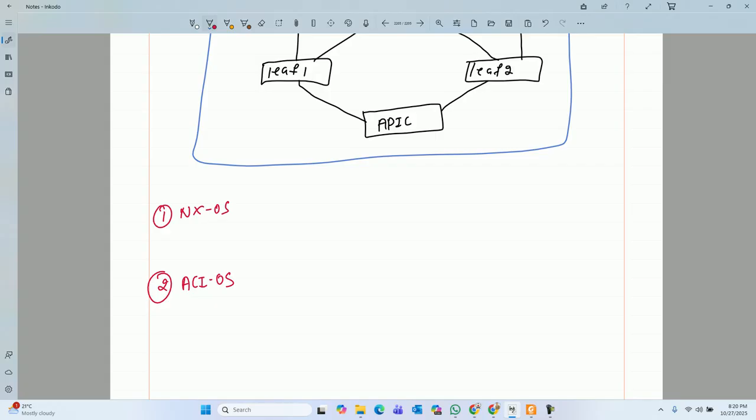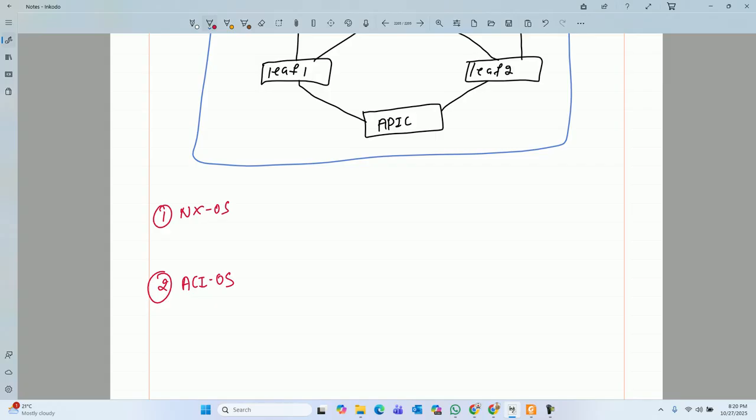But if you want to upgrade or migrate your existing Nexus environment to ACI, then first of all you have to download the image from the Cisco official website, and then you have to upload it to the Nexus switches. And you remember that on Nexus switches we always set the bootable image.